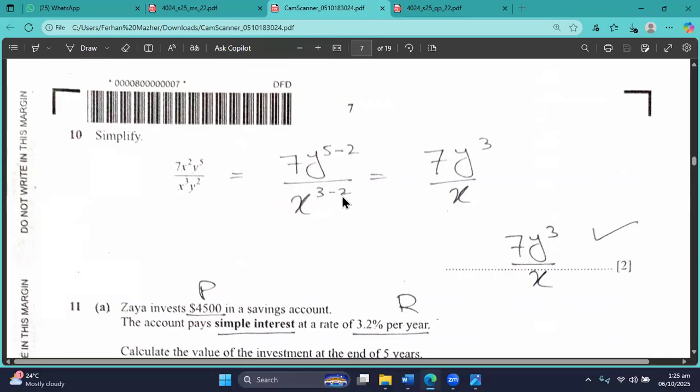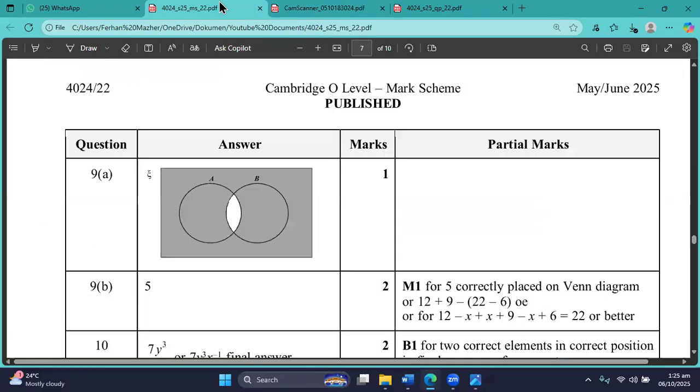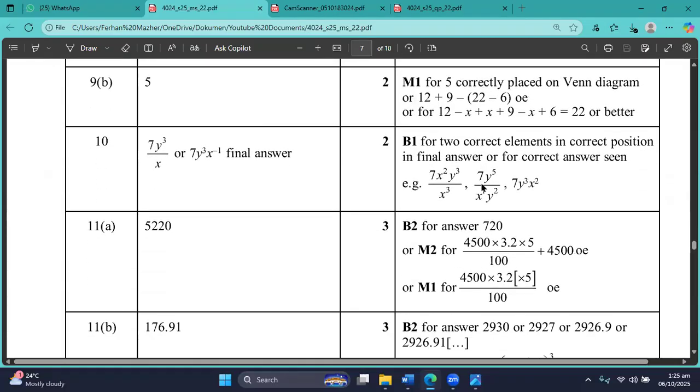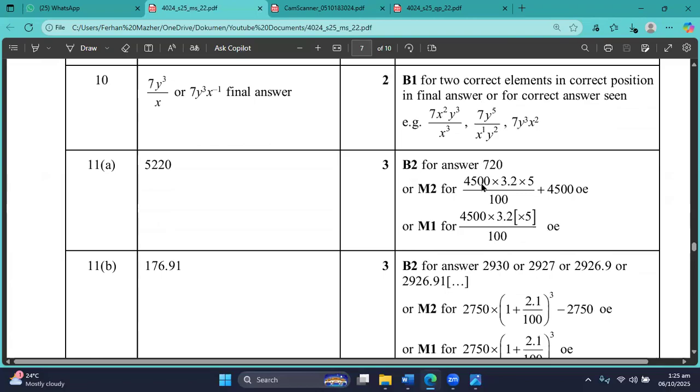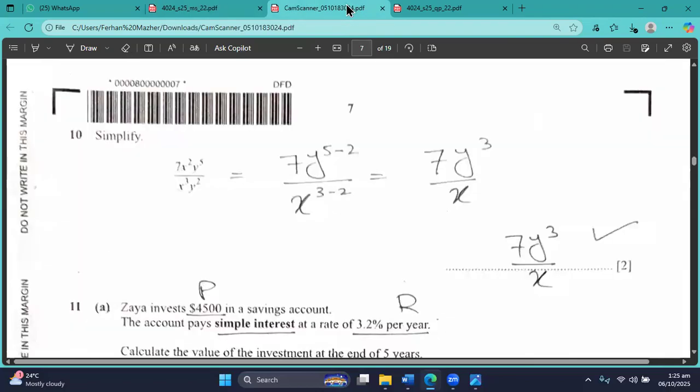So x is 3 minus 2. So it will be 7y raised to power 3 divided by x. 7y cube divided by x. So let's check. 7y cube divided by x. Okay, so our answer is right, sir.